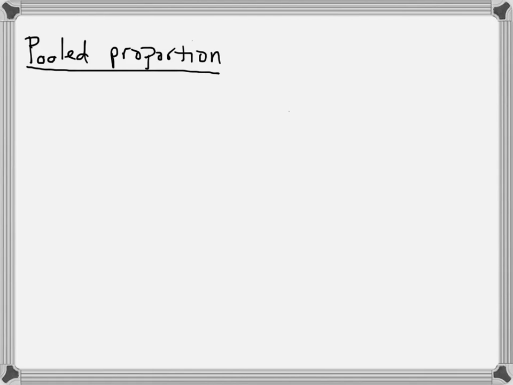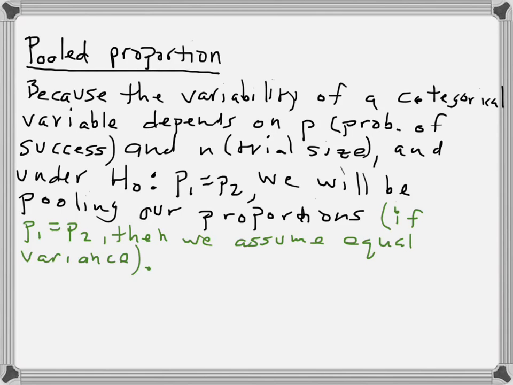Well, it just so happens if I am testing a proportion, my null hypothesis will assume that the proportions are equal. And if two variables are in equal proportion, then their variability only depends on the sample size.